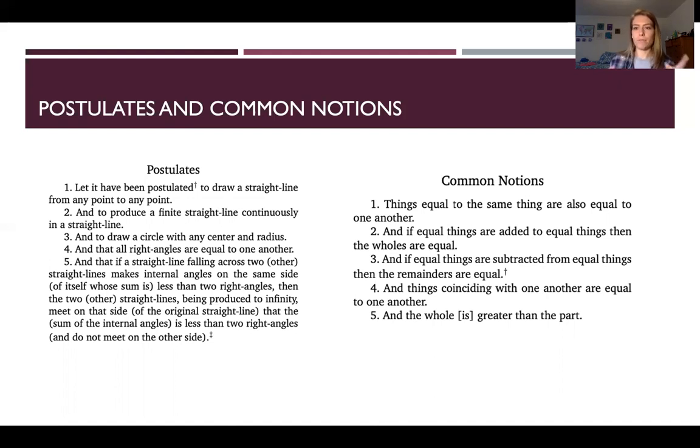So if you have 2 things that are equal to one thing, then those things are equal. Same with postulate 1, which says, let it have been postulated to draw a straight line from any point to any point. That just means that if I have 2 points, I can draw a straight line between them, and I can do that for any 2 points. So these are the rules for his geometry.